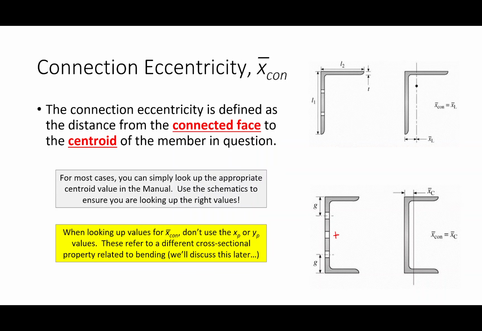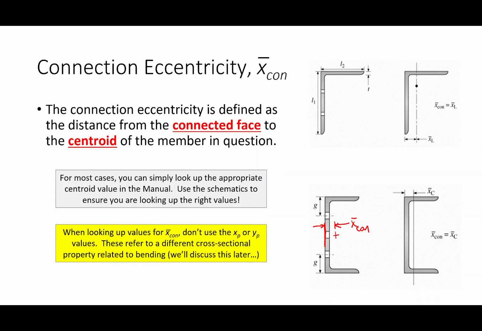So for a channel, the centroid is not on the shape, it's out in space. And the connected face is this face right here. I'm saying it's that face because this channel is going to be connected to a plate out here. So the connected face is that plane of the channel that's actually being connected to something. And this distance right here is X bar sub CON, okay?